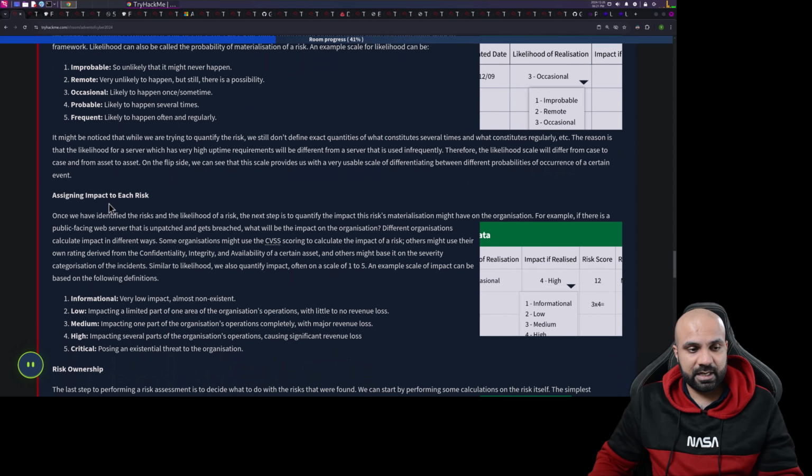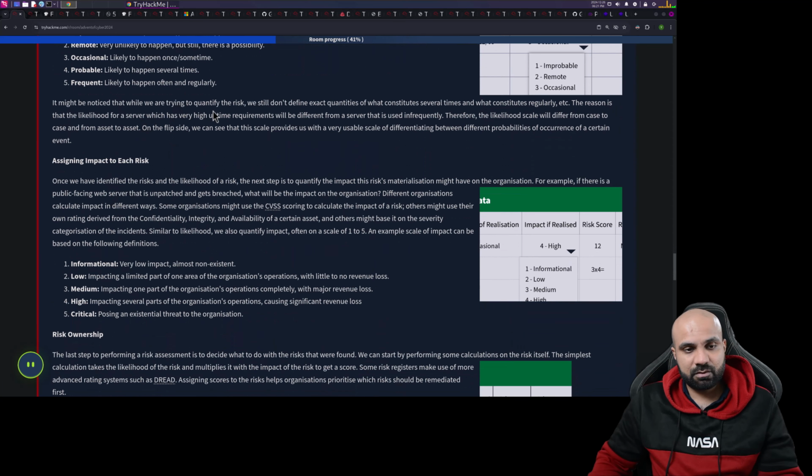It might be noticed that while we are trying to quantify the risk, we still don't define exact quantities of what constitutes several times and what constitutes regularly. The reason is that the likelihood for a server which has a very high uptime requirement will be different from a server that is used infrequently. Therefore, the likelihood scale will differ from case to case and from asset to asset.